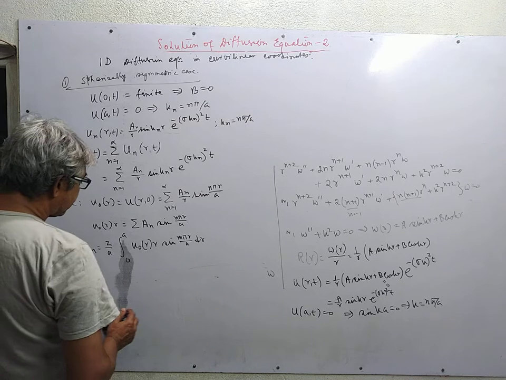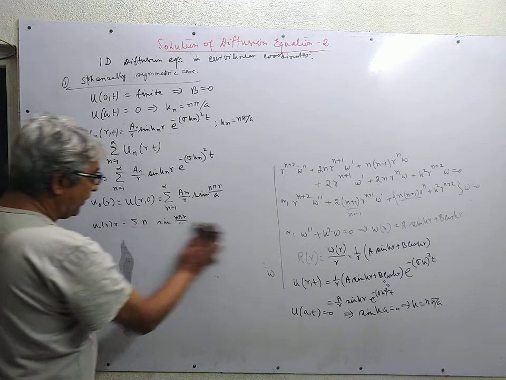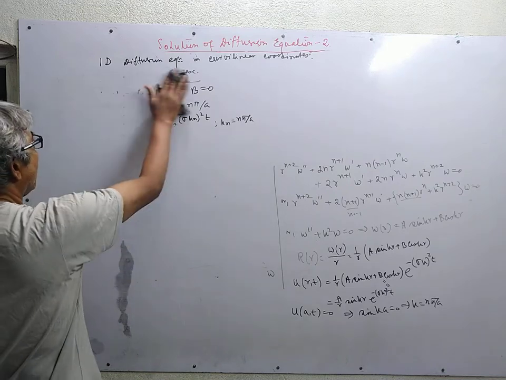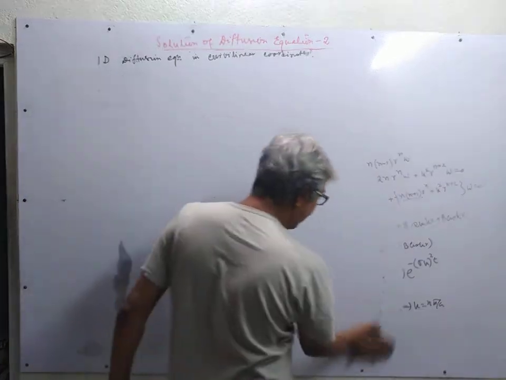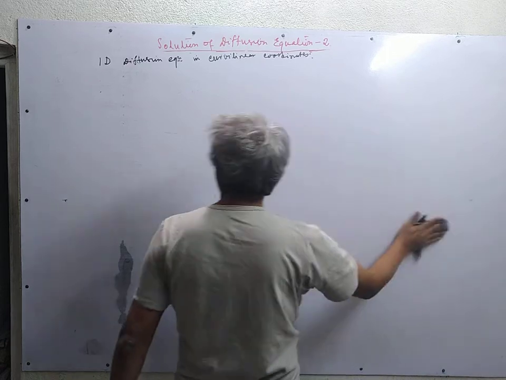Another type of flow is the cylindrical heat flow. In that case, we solve the diffusion equation in cylindrical coordinate system, and due to cylindrical symmetry only rho part will be there.